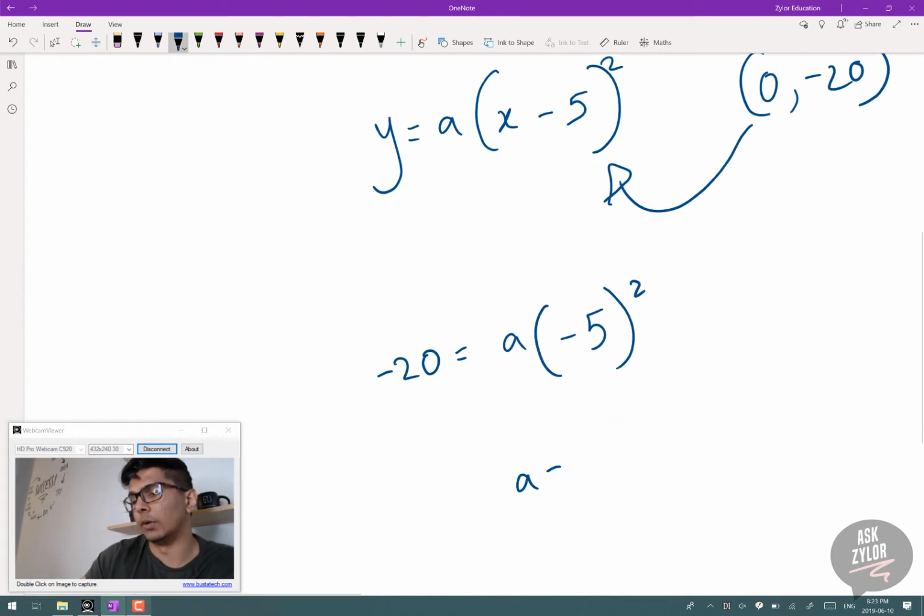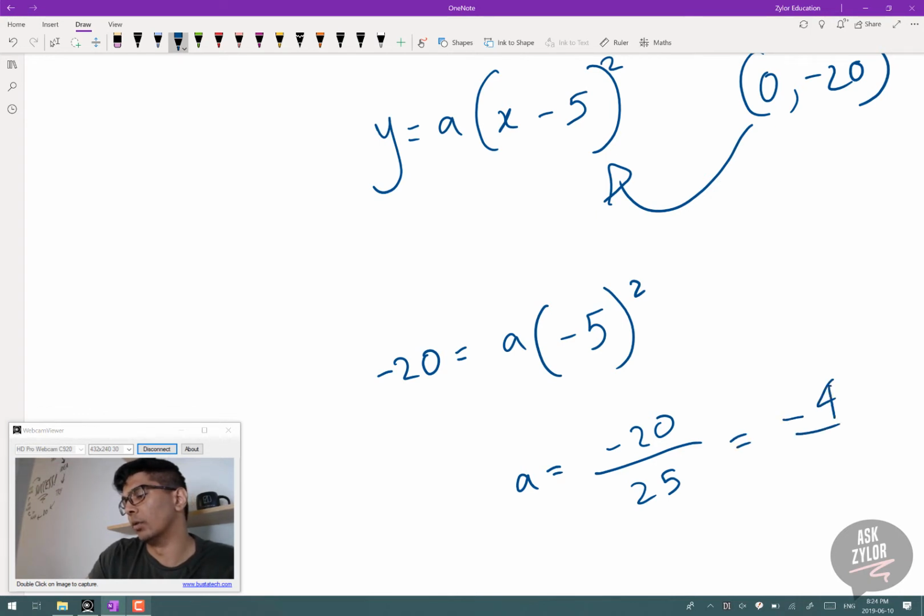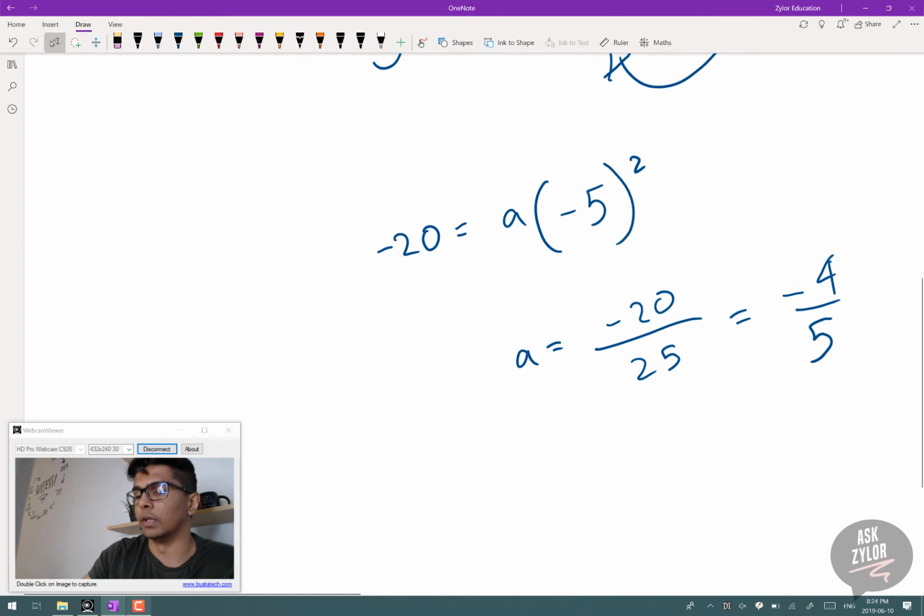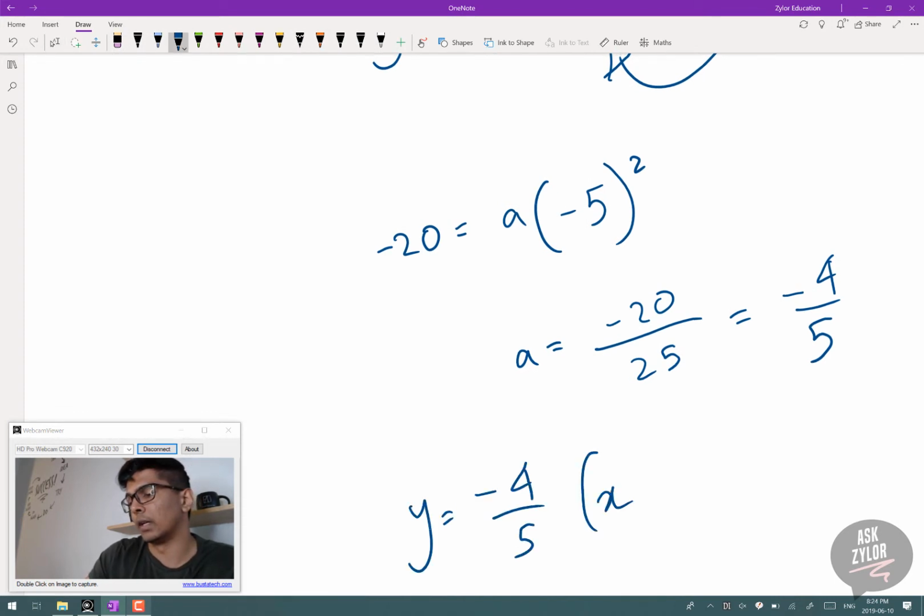So my a value ends up being -20 over 25. Right. So if I simplify this, this ends up being -4 over 5. So that's my a value. So the final equation would end up being -4 over 5 times (x minus 5) squared.